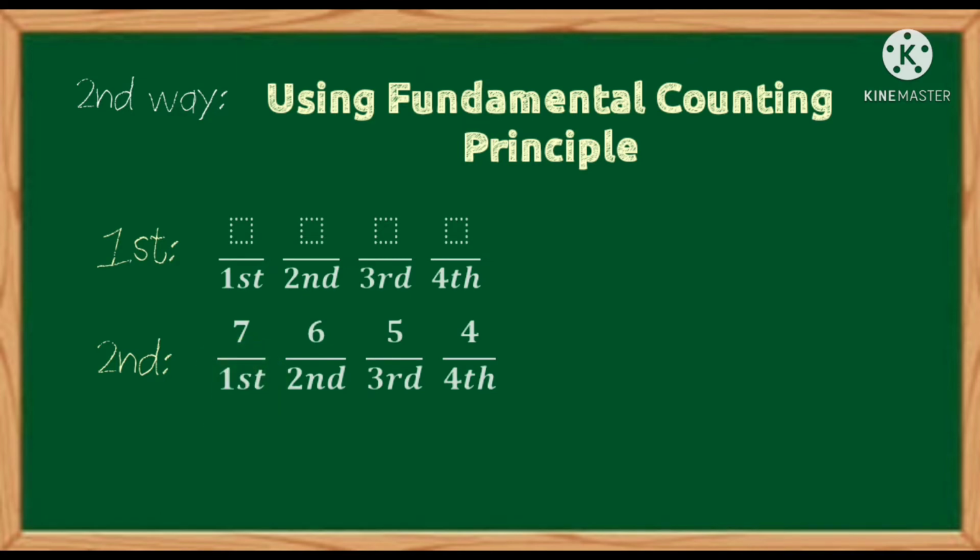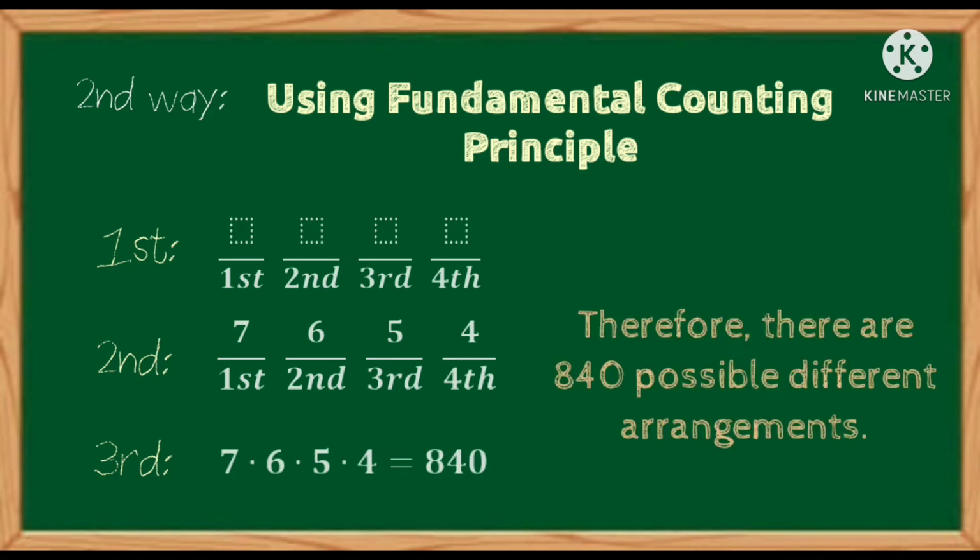For the second decision, there are 6 options. For the third decision, there are 5 options. And for the fourth decision, there are 4 options. And last, let's multiply the numbers together to determine the number of possible outcomes. So we have 7 times 6 times 5 times 4 is equal to 840. Therefore, there are 840 possible different arrangements.